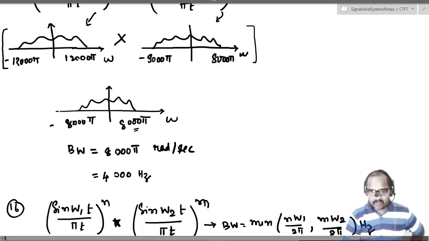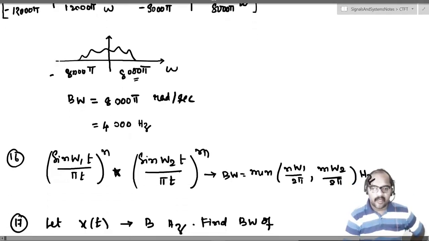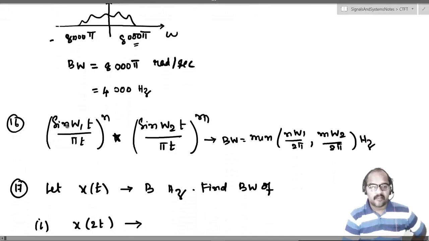Right. Next, whatever three cases we have seen in the previous problem, let us generalize that result. As the 16th problem, don't look at the 17th one, let us look at the 16th one carefully.